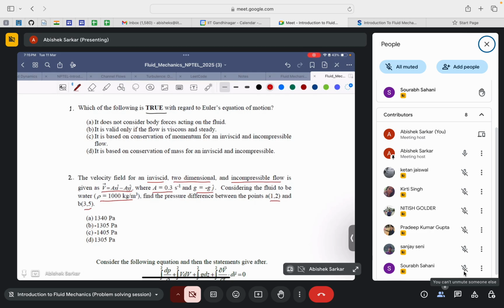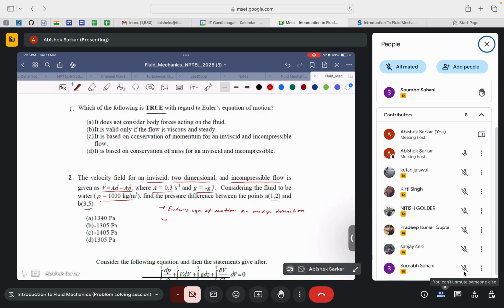So I will just give one hint. Start with the Euler's equation of motion. Since you are dealing with 2D flow, do it along the x and y direction. I'll give you the steps, you can do the calculation.